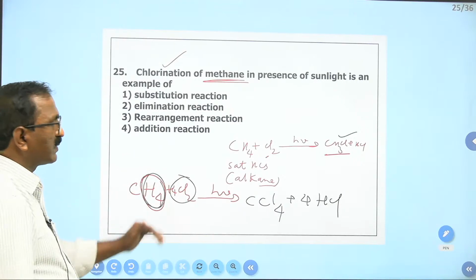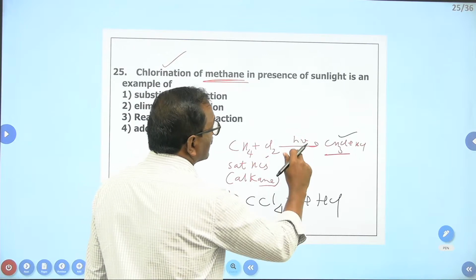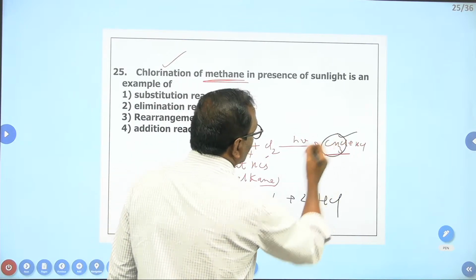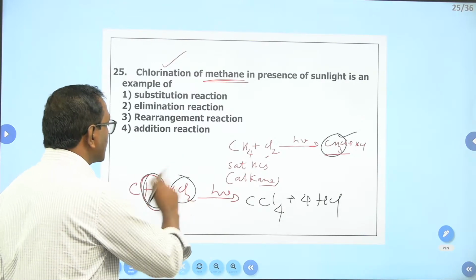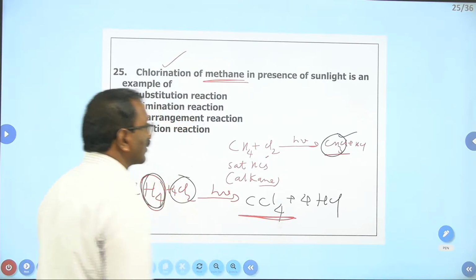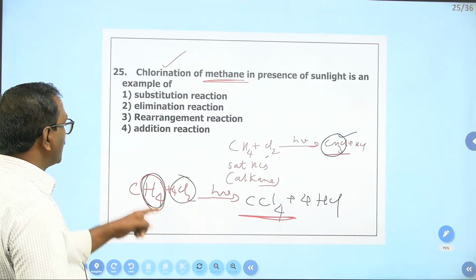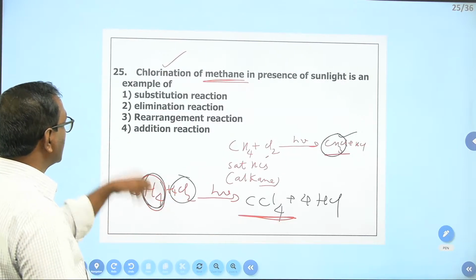So both ways are possible. When methane reacts with a limited supply of chlorine in the presence of sunlight, you get methyl chloride. If the same reaction is carried out in the presence of excess chlorine, then you get carbon tetrachloride. So this is a replacement reaction. Hydrogen is replaced by other species because other species are more reactive than hydrogen.